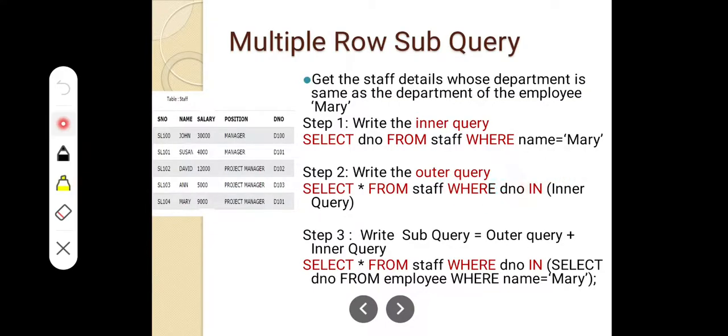So that is why we use the in operator instead of equal to, and why these types of queries come under the category of multiple row subquery. Clear?